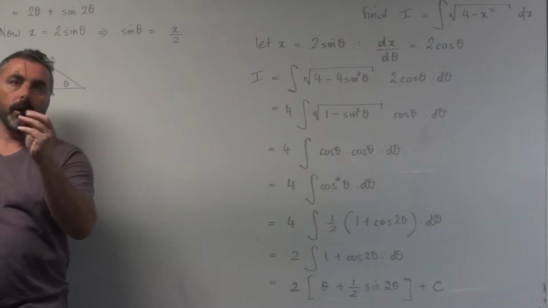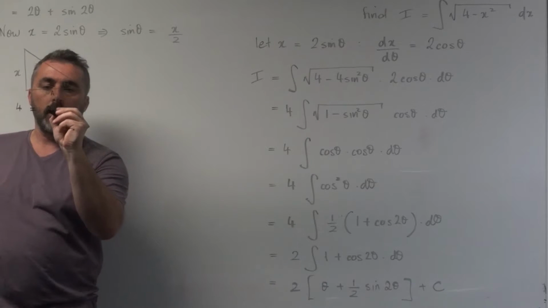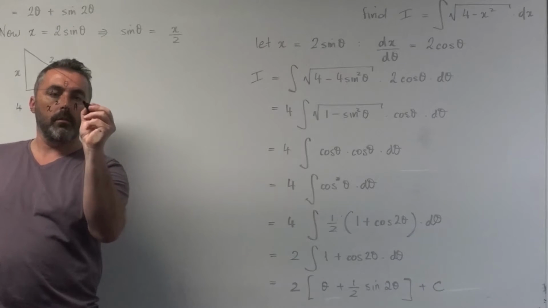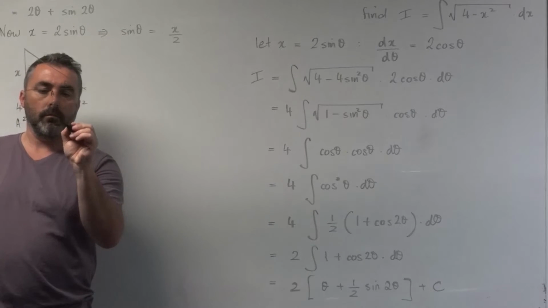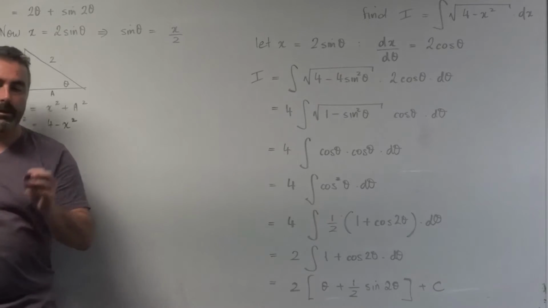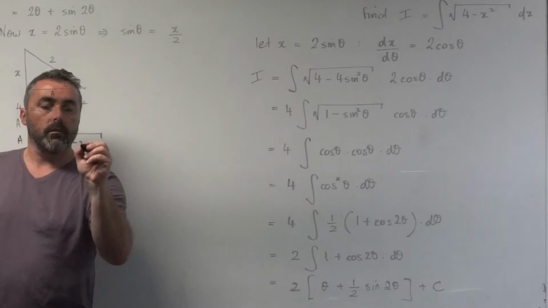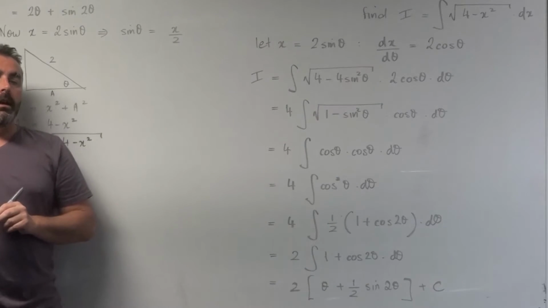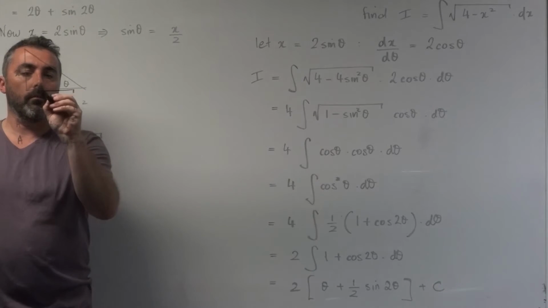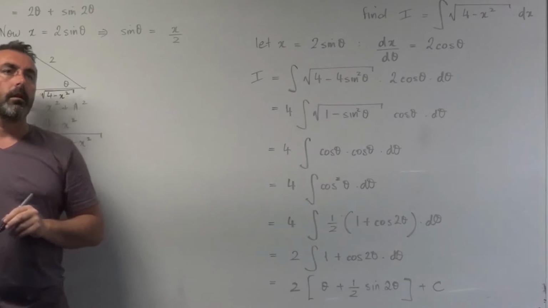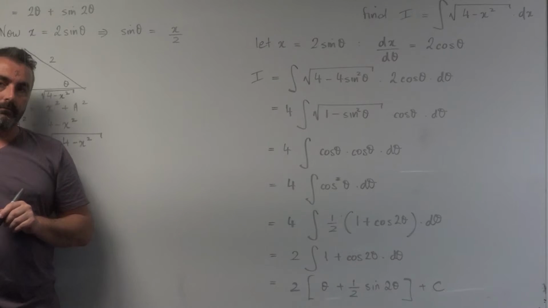So using Pythagoras theorem, we're going to get 2 squared, so 4 equals x squared plus a squared, so a squared is 4 minus x squared. So our adjacent is root 4 minus x squared. And so we will replace that in our diagram. And we've got that.